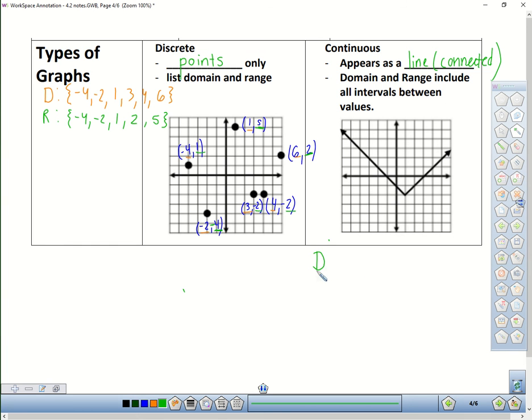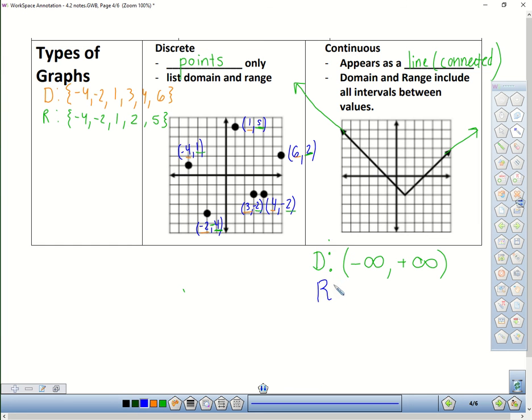So our domain here, think about where this graph is going. This graph is going in both directions forever. So will this graph eventually take on every x value if it keeps going? Yeah, if this graph kept going, it's going to eventually take on every single value, right? Since it's going in both directions, my domain is going to be -infinity to +infinity.